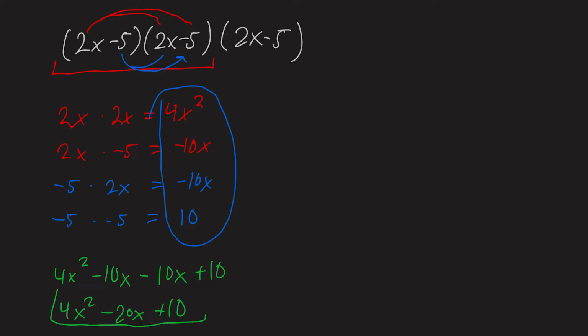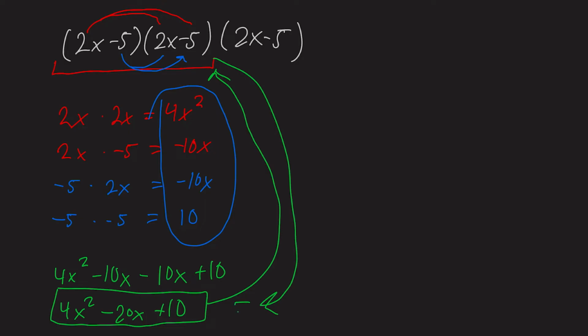And that is our final answer, our resultant from doing this initial multiplication. Now I know that since this is equal to this, I can rewrite my problem as 4x squared minus 20x plus 10. Again, guys, that's supposed to say plus 25, all in parentheses, multiplied by my remaining 2x minus 5.